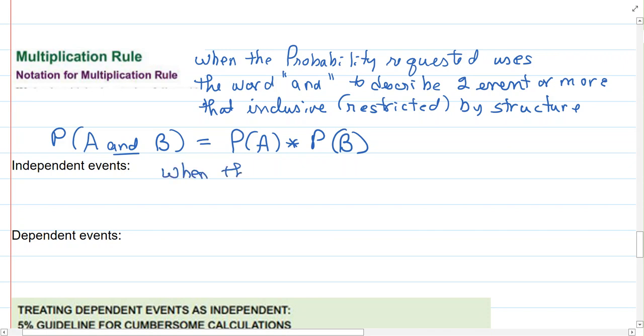when the sets are disjoint or are with replacement.